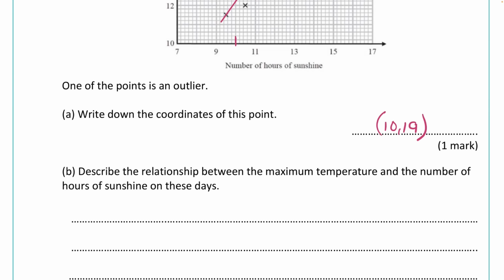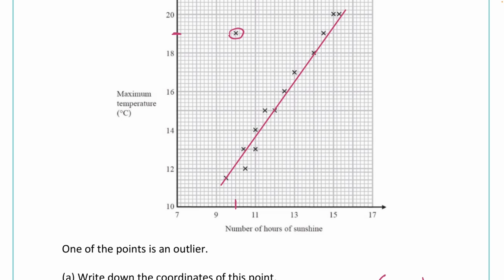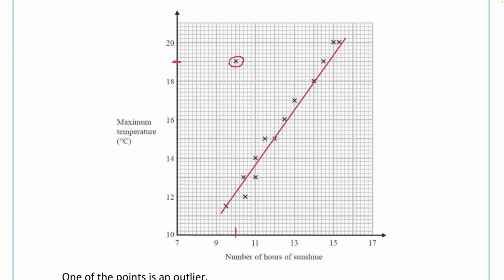Part B says to describe the relationship between the maximum temperature and the number of hours of sunshine. So careful on this one, that's talking about the relationship, not the correlation. If it said correlation, well, this graph has a positive correlation, but it says to describe the relationship. When we describe the relationship, we just use the words on the axes here and say what happens as one of them goes up.